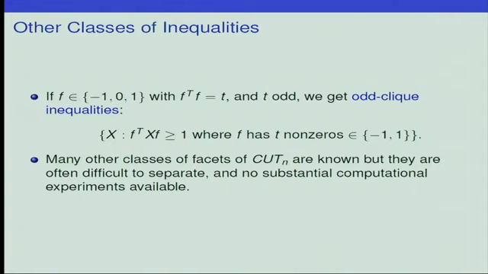In particular, it doesn't have to be only 3 elements of f that are non-zero. You can have any odd number of elements of f that are plus or minus 1. And these give what are called odd clique inequalities. So you can get inequalities coming from 5 non-zeros, 7 non-zeros, and so on. And even then, there's a lot more that's known about the cut polytope.